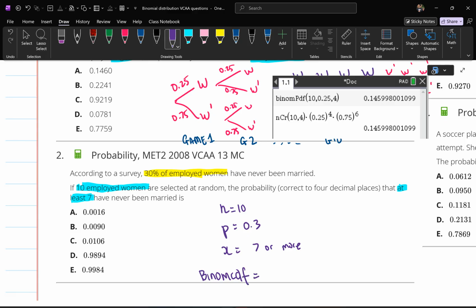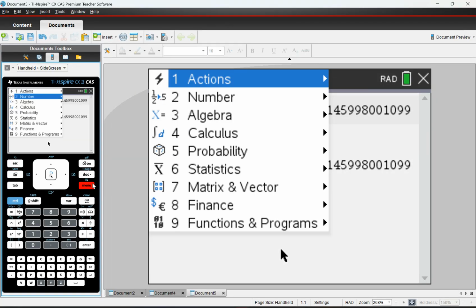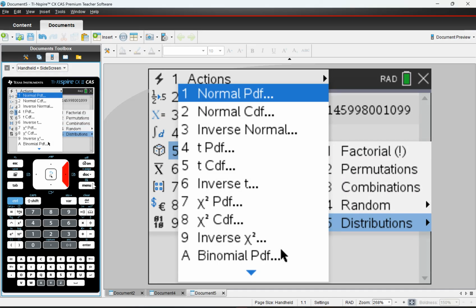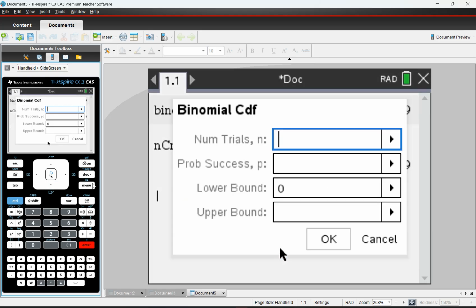So binomial CDF, here we go, back to your calculator. Menu, probability, distributions, and then binomial CDF. It asks number of trials, same thing. I've got 10 people that I'm picking. Chances of getting an unmarried, 0.3.